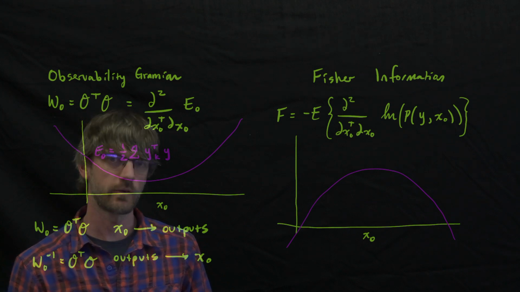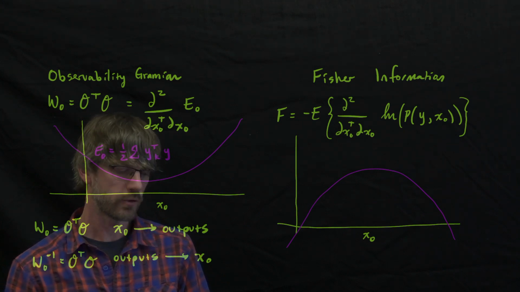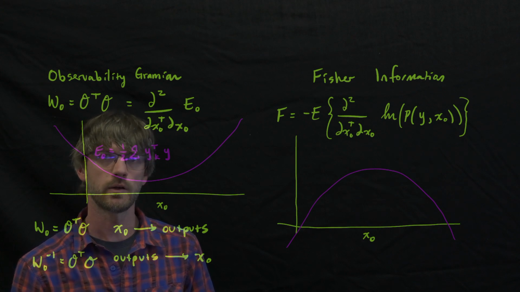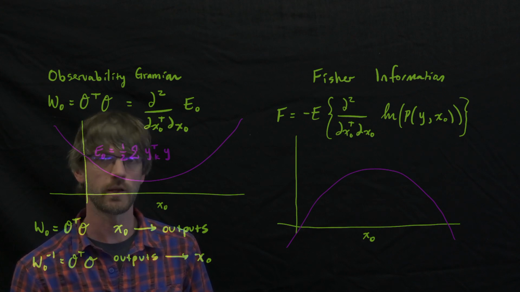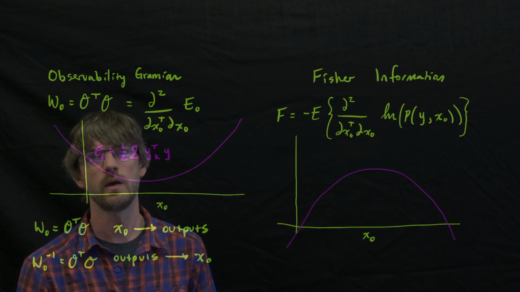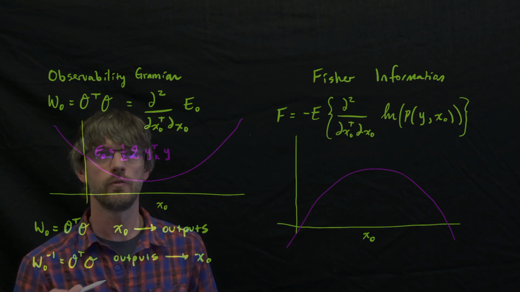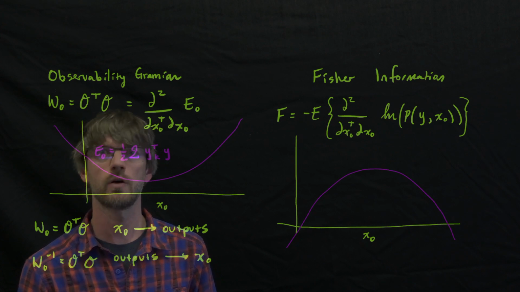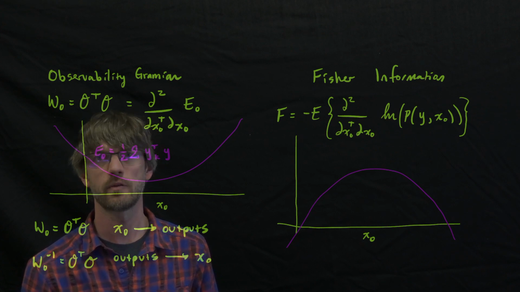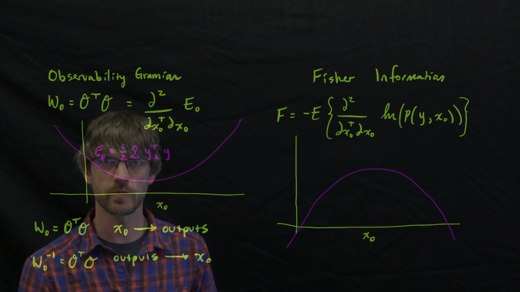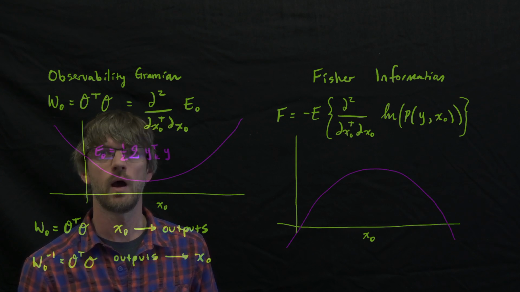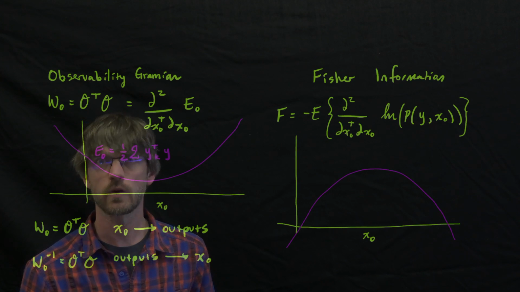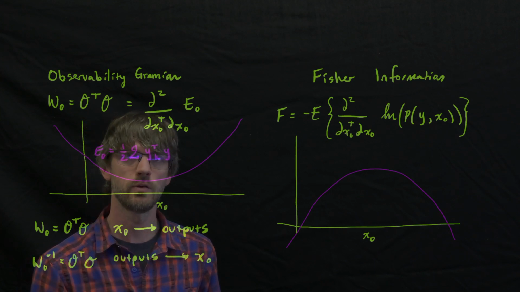And what we're interested in understanding with the Fisher information calculation is how quickly that likelihood changes when you shift your initial condition. If this curve is very sharp, that means that it's very well defined how your initial condition is related to your outputs. If the curve is very flat, that means that there's a wide variety of measurements that could be associated with your initial condition, or conversely, there's a wide variety of initial conditions that could have given rise to the measurements that you got.